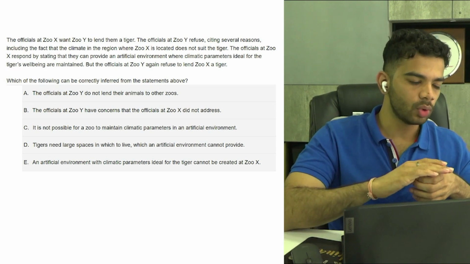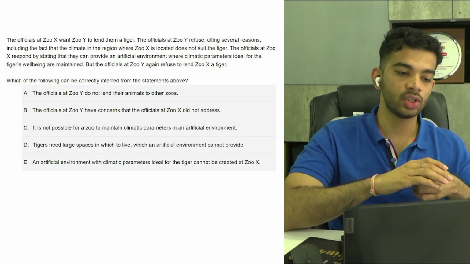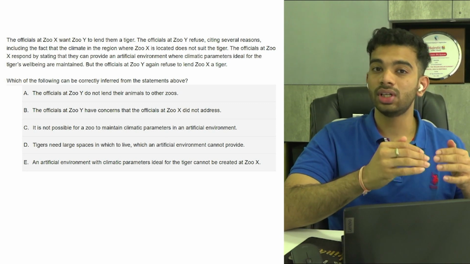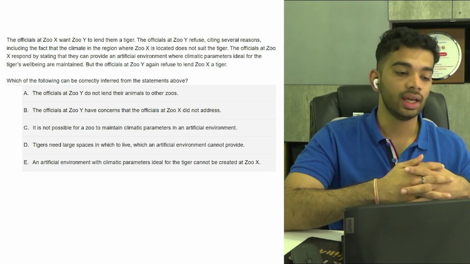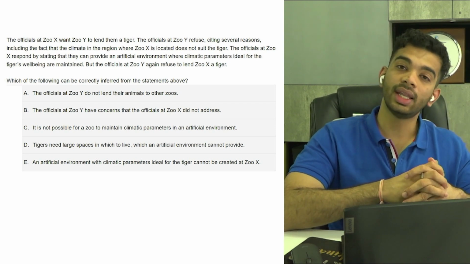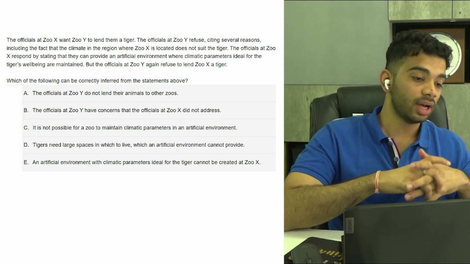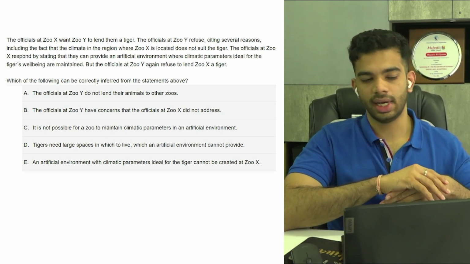Looking at the second one, the officials at Zoo Y have concerns that the officials at Zoo X did not address. Now, this option does not give us any solid reason as to why Zoo Y is not agreeing to lend their animals to Zoo X. But there is no outright red flag to reject this one, so we keep it aside.